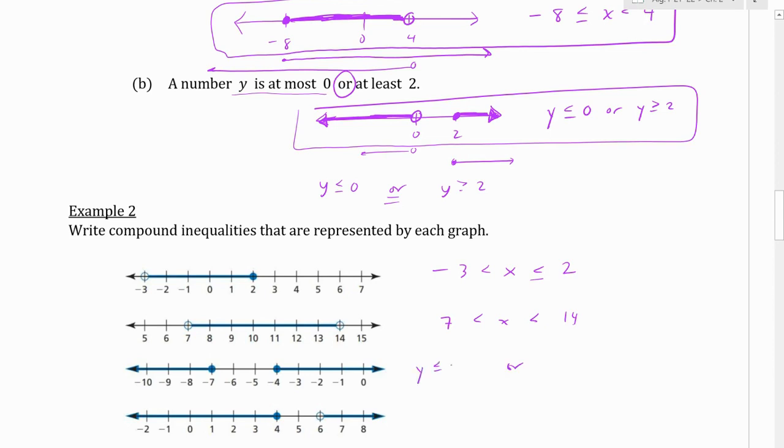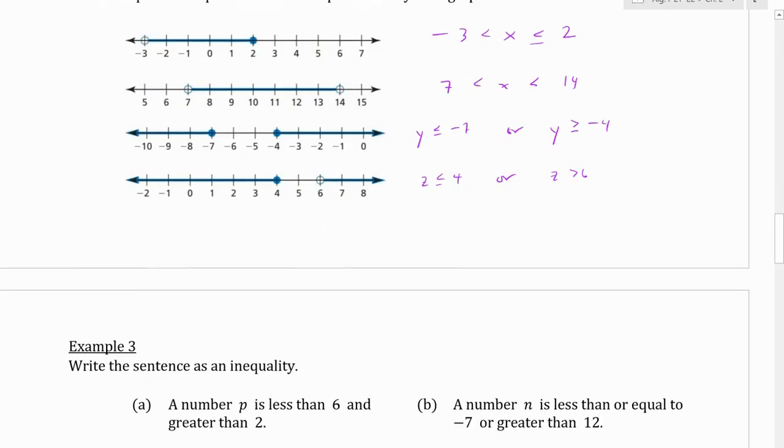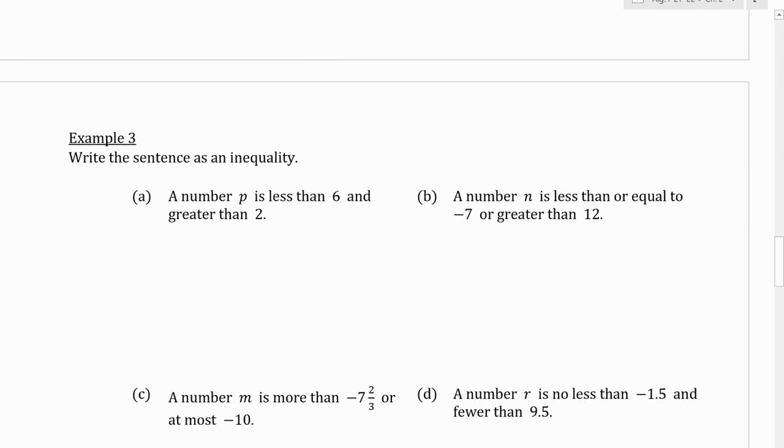I'm either less than or equal to negative 7 or I'm greater than or equal to negative 4. Again, here's an or. I could do whatever letter I want. Let's go to z. z is less than or equal to 4 or z is greater than 6.